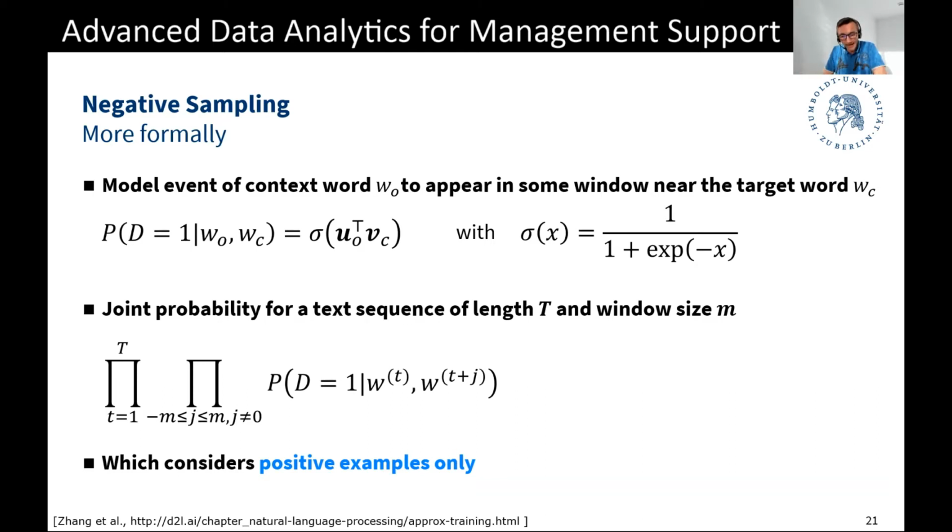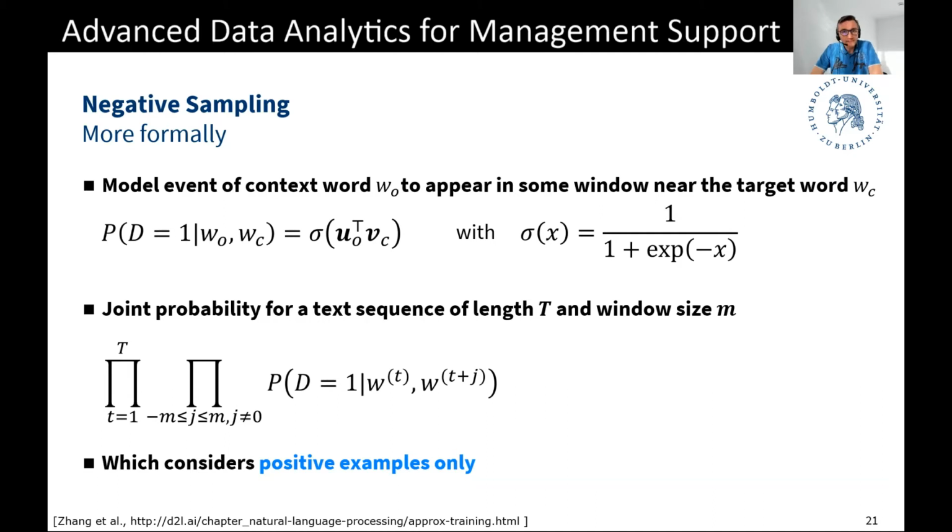That's the binary prediction task. And then let's say that's an event D, we seek the probability of D being 1, that event occurring, the two words occurring together in the same context, given w_o and w_c. That is the probability we are seeking.